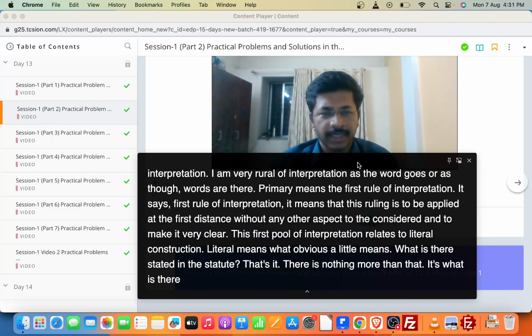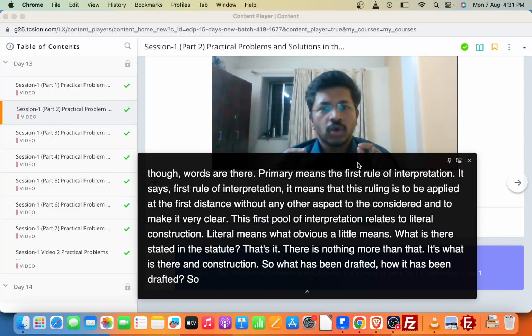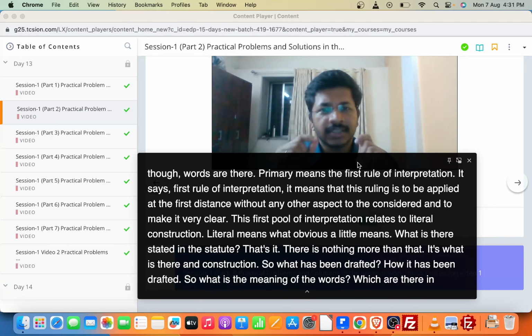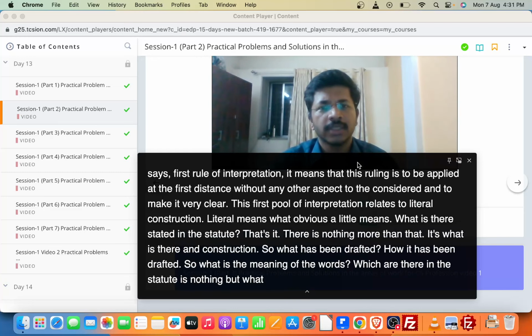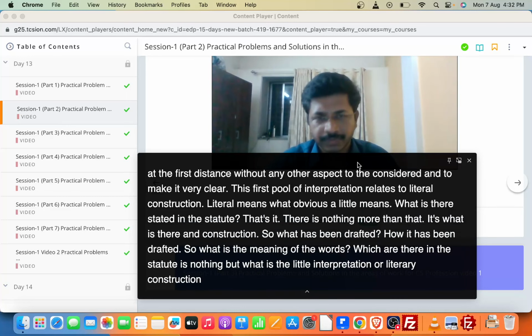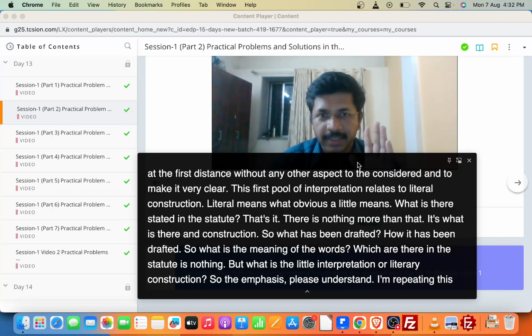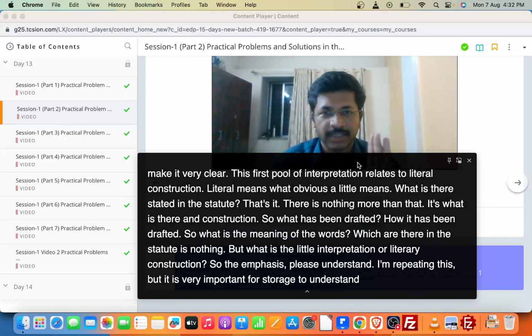It's what is there. And construction. So, what has been drafted, how it has been drafted. So, what is the meaning of the words which are there in the statute is nothing but what is the literal interpretation or literal construction. So the emphasis, please understand, I am repeating this, but it is very important for students to understand.